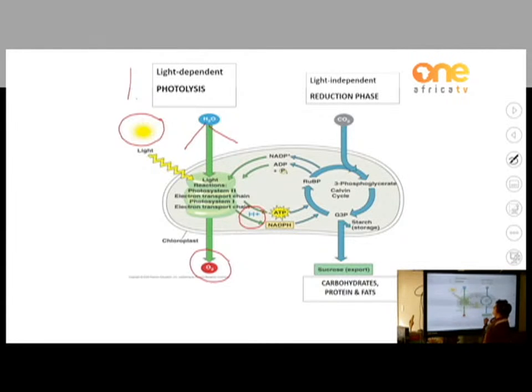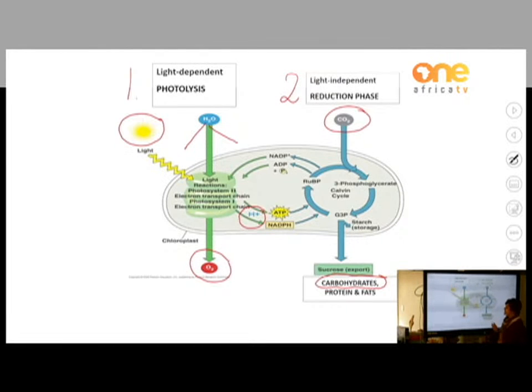Then we are also going to look at the second phase, where carbon dioxide is reduced to form carbohydrates. That is the light-independent phase. This phase does not need light.